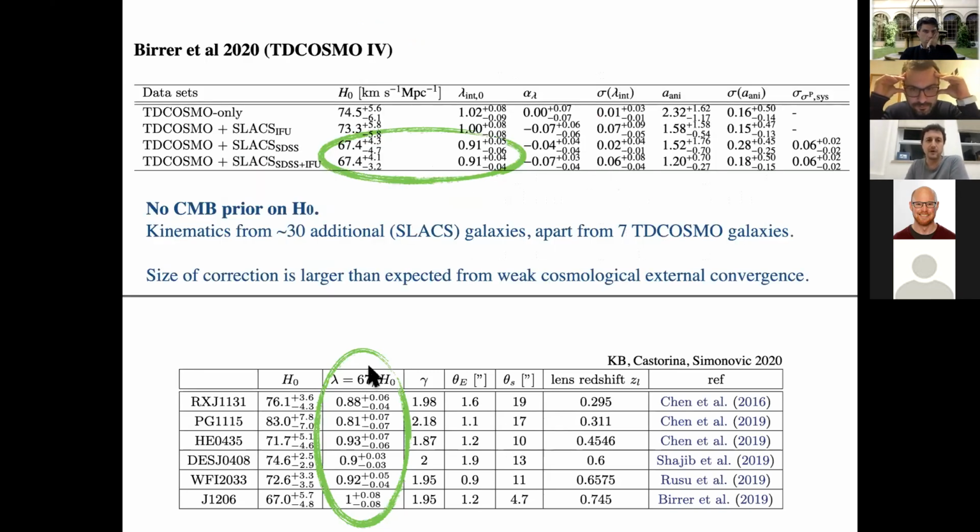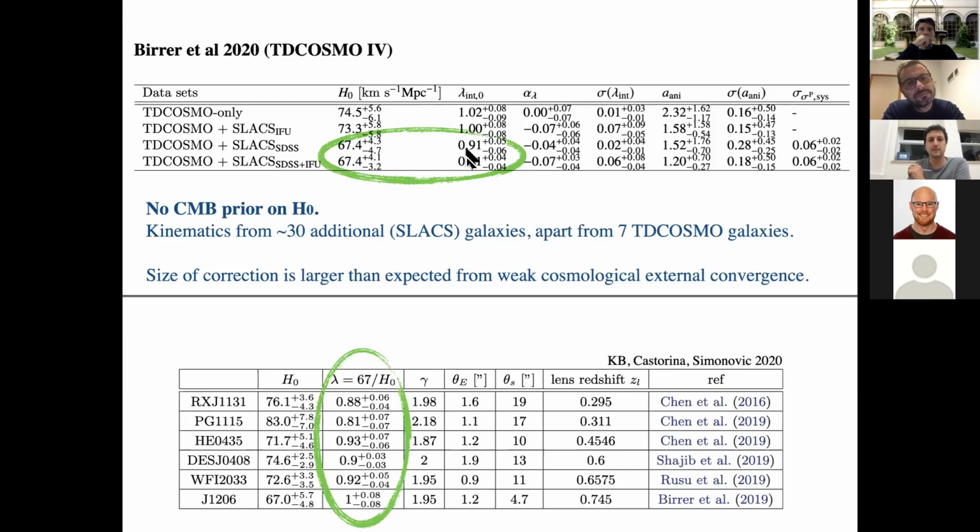Now, this was before Simon's paper. Then Simon's paper came out, which actually added this kind of local mass sheet degeneracy to the problem. What does local mean? Again, they allow the mass sheet degeneracy parameter lambda, and at the same time do not impose information from weak external convergence. This is what it means in the end for them. They did not really add, well, there are some studies of the effect of a finite core distance or radius of the core, but they assume that the radius was far enough that they don't have to worry about it.